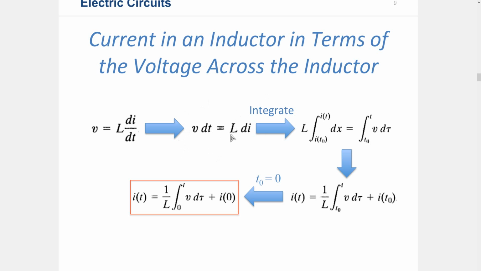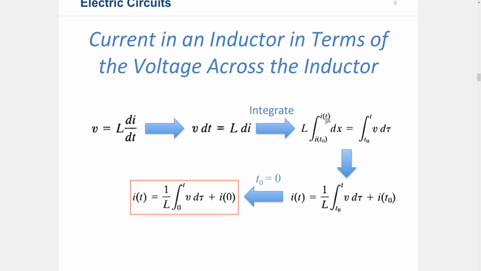If I integrate both sides with respect to the variables, I'm going to get L times the integral of di from i(t0), which is the initial current, to some i(t), and I use a dummy integration variable here, x.